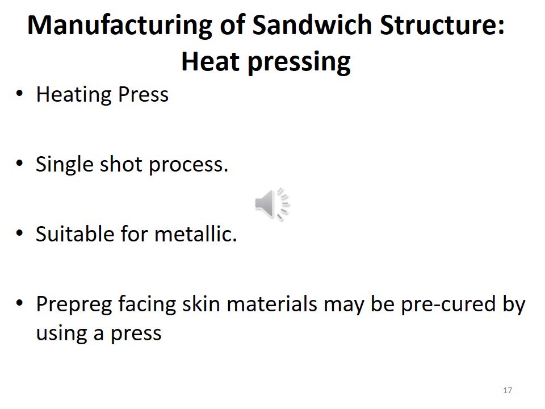Ideally, the panels should be assembled ready for curing as a single shot process. This method is suitable for metallic facing skins. Alternatively, pre-preg facing skin materials may be pre-cured by using a press and subsequently bonded with a film adhesive layer.